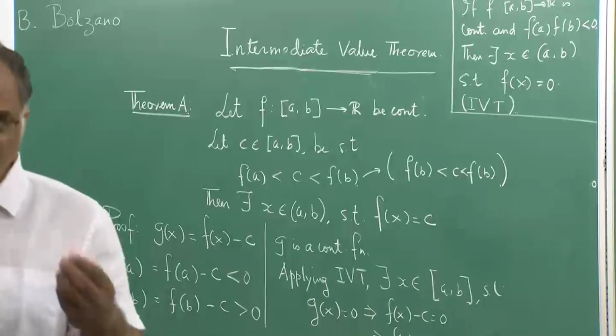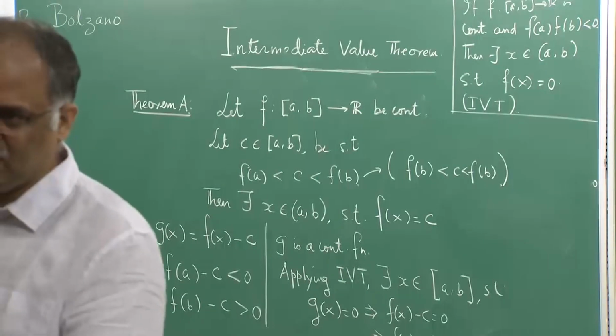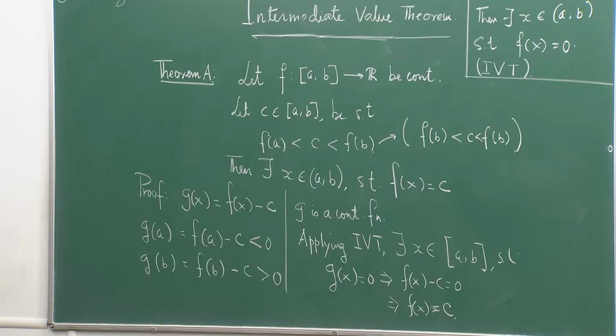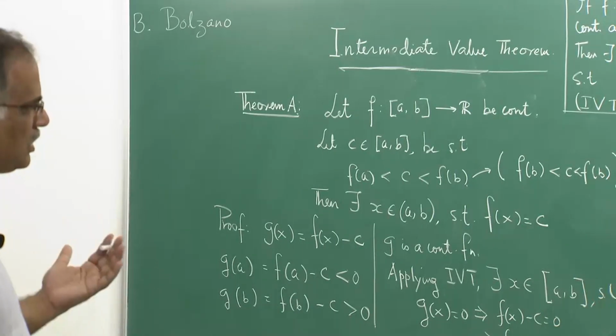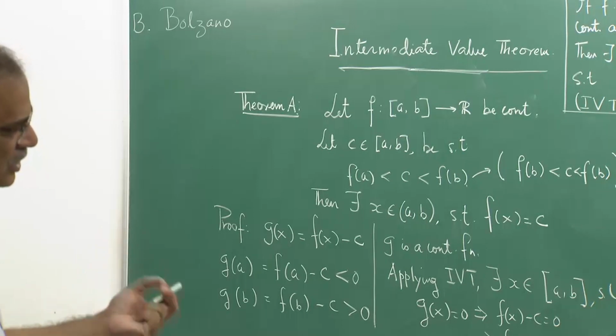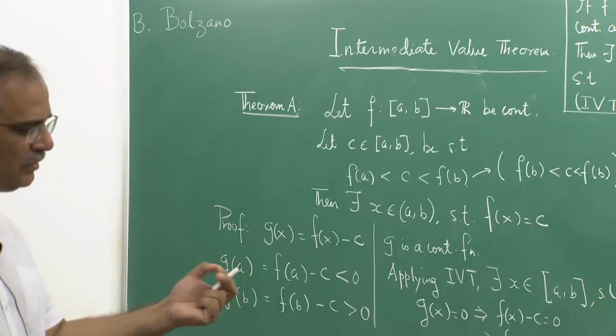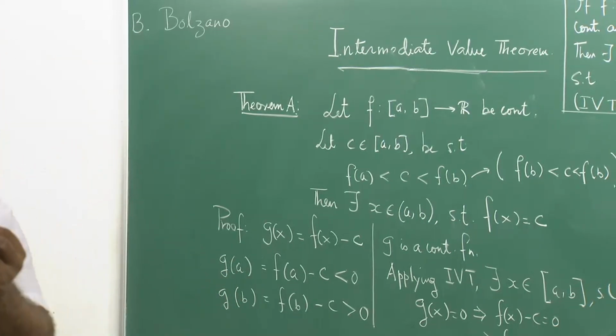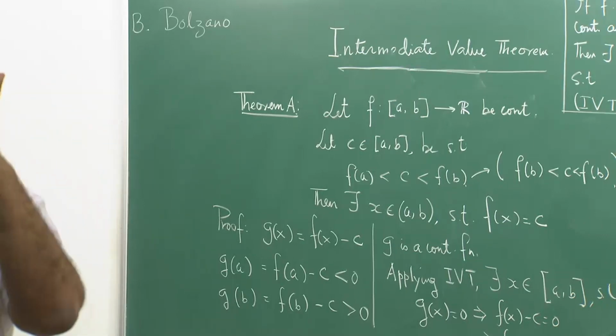But if I tell you to demonstrate that every positive number has a square root, then you have to mathematically demonstrate that whatever positive number I give you, there is a number whose square is that number.